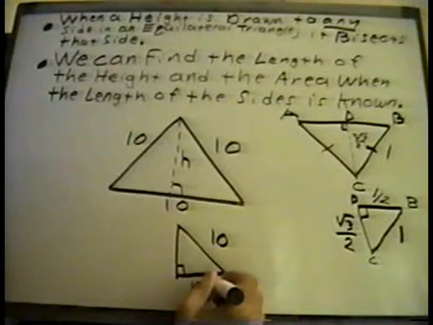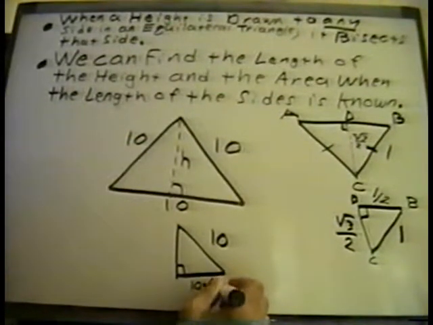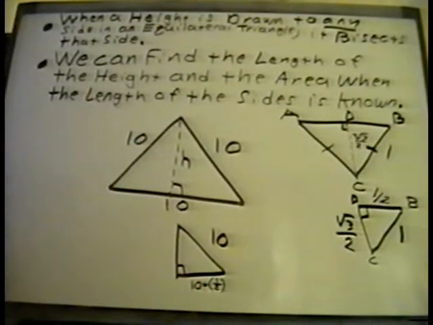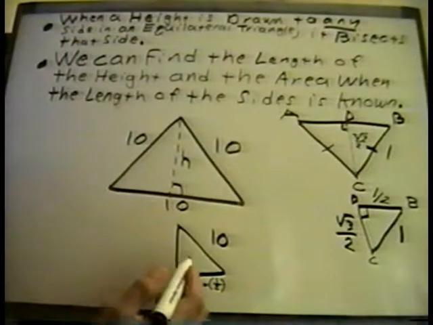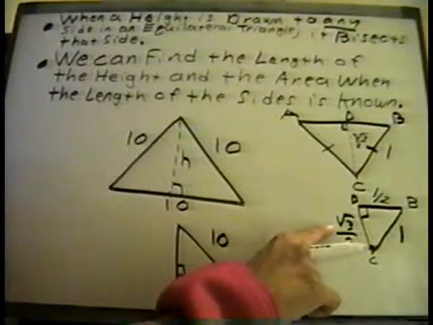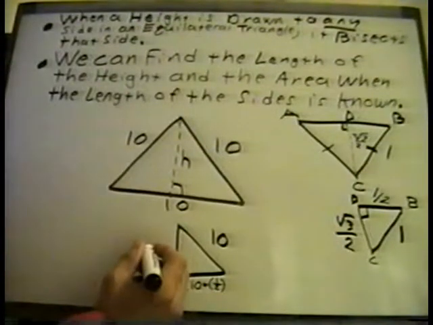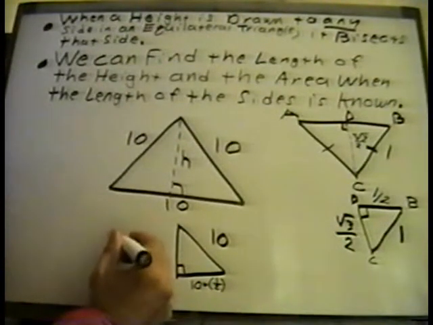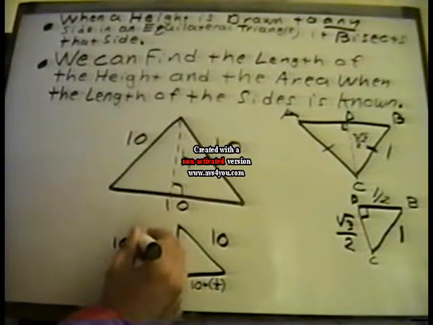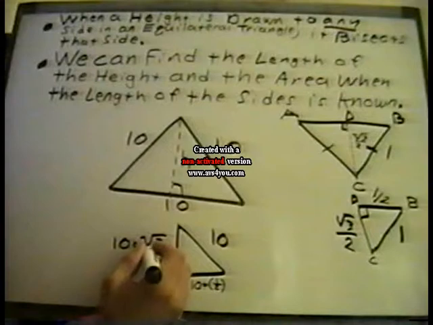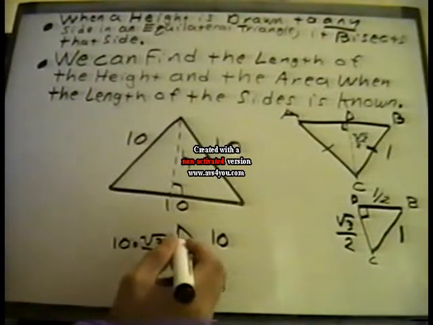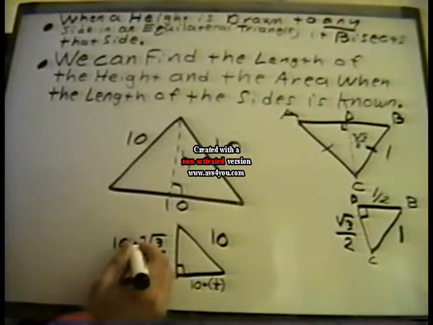or 10 times 1/2. Now here the height, or h, would be the square root of 3 over 2 times 10, or the square root of 3 over 2, half of the square root of 3.